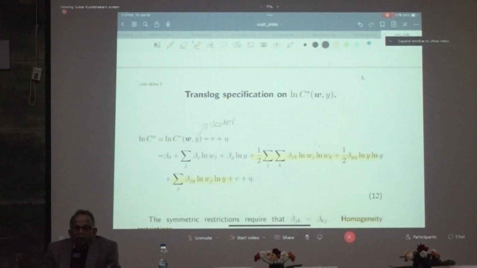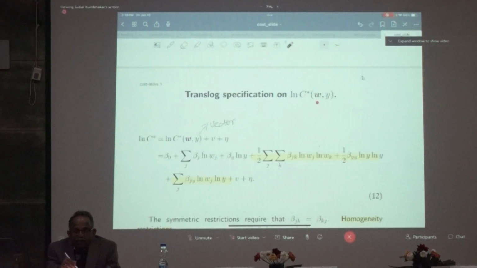This is a Cobb-Douglas cost function. What is Cobb-Douglas? Cobb-Douglas is a log linear function of the arguments. In a production function, the arguments are inputs, so when you take a log linear form, log of y is a linear function of log of x's. Here again it's log linear, and the arguments for the cost function are w and y.